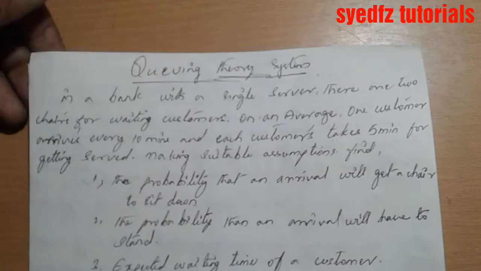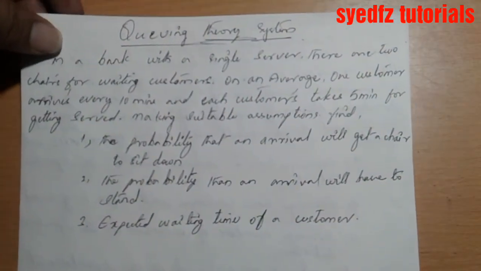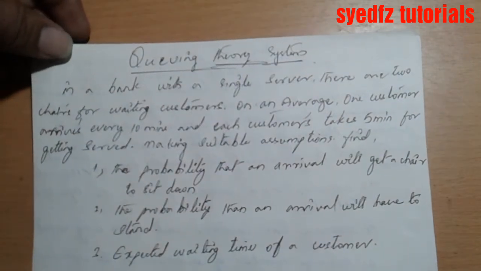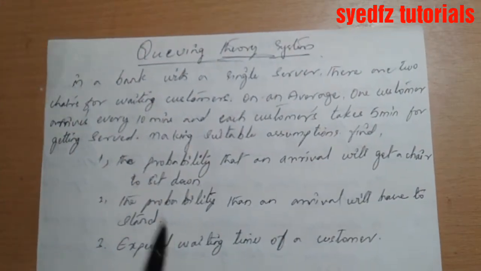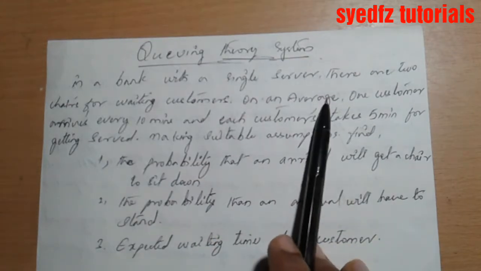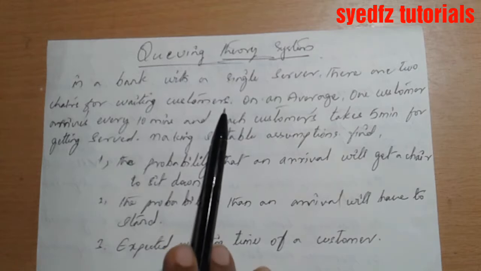Here is a question on queuing theory. In a bank with a single server, there are two chairs for waiting customers.